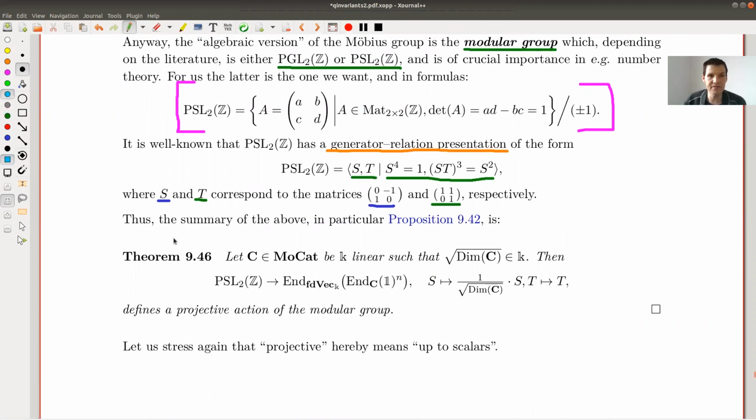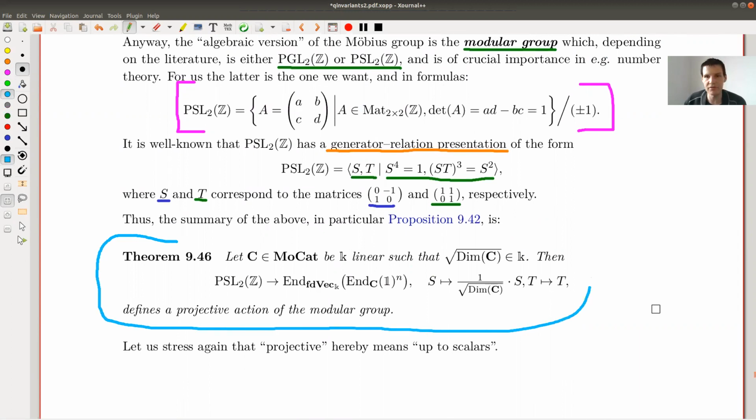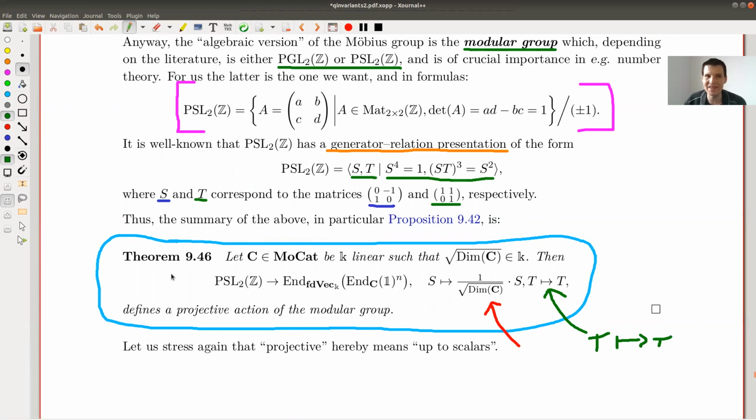And the point is, why is it called modular? Well, because it basically has an action of the modular group. And the way you do it is you send the S matrix to the S matrix. You need to scale it a bit. But anyway, and you send the T matrix to the T matrix. So S to S, T to T. You need to scale it, but anyway, that doesn't matter so much.